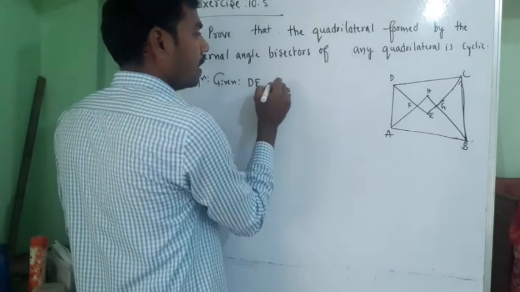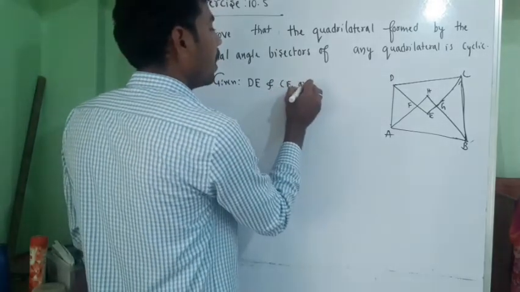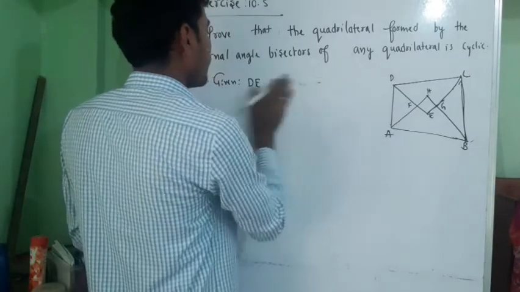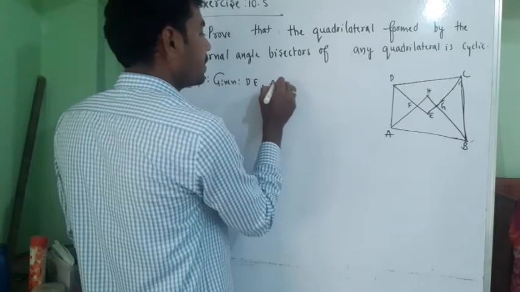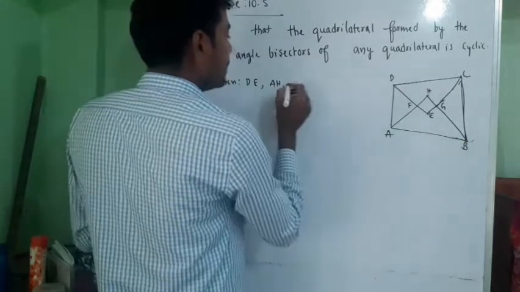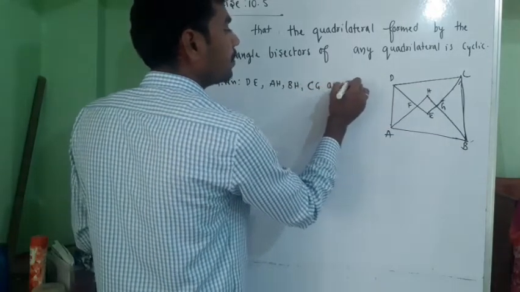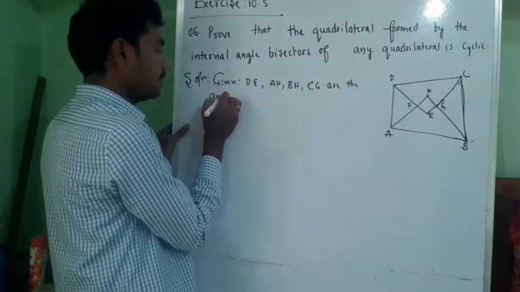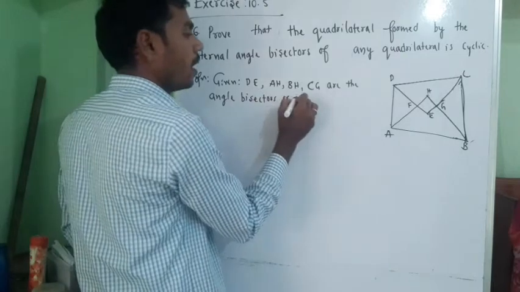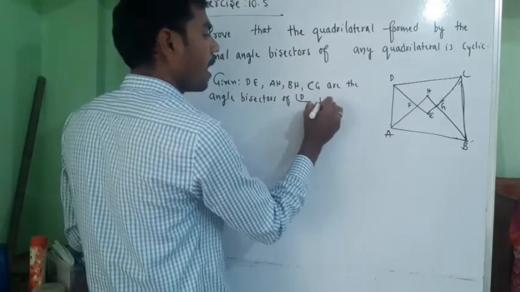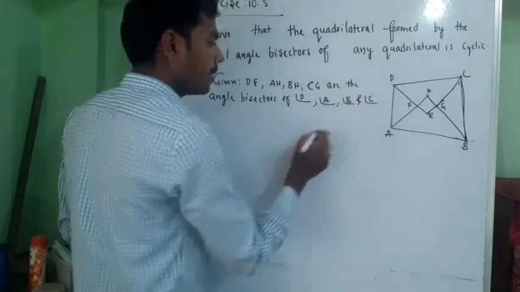DE, AH, BH, CG are the angle bisectors of angle D, angle A, angle B and angle C respectively.